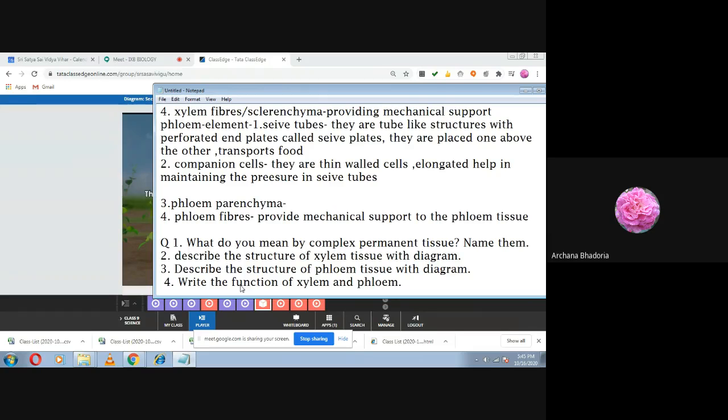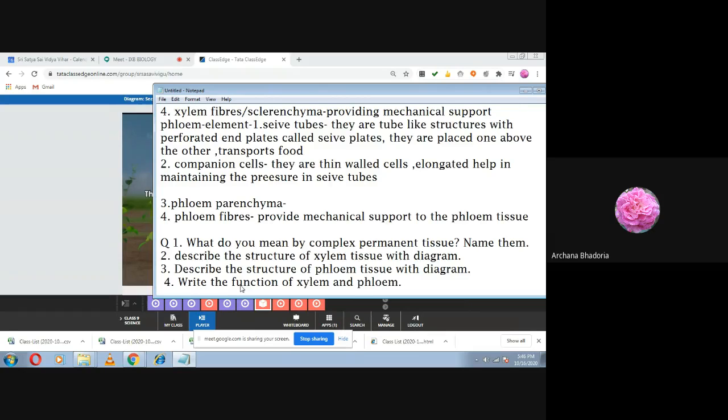So you have got the parenchyma diagram, then collenchyma diagram, sclerenchyma diagram. Wherever you are writing the characteristic features of parenchyma, you have drawn opposite to it the diagram of parenchyma or not? Yes or no, children? If you haven't made it, say no. Make it later.